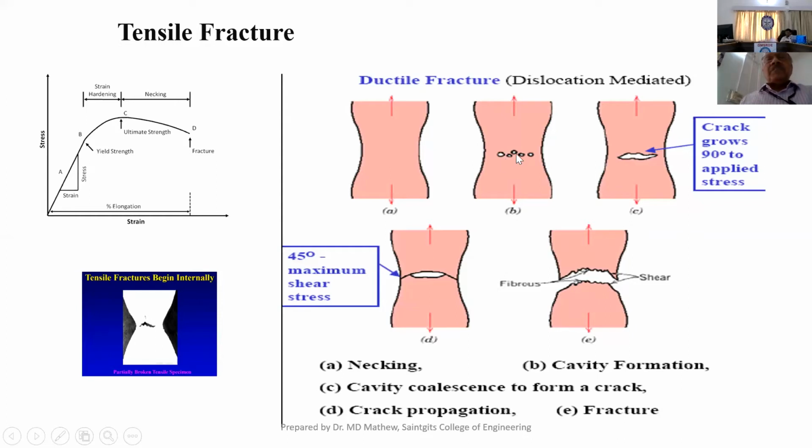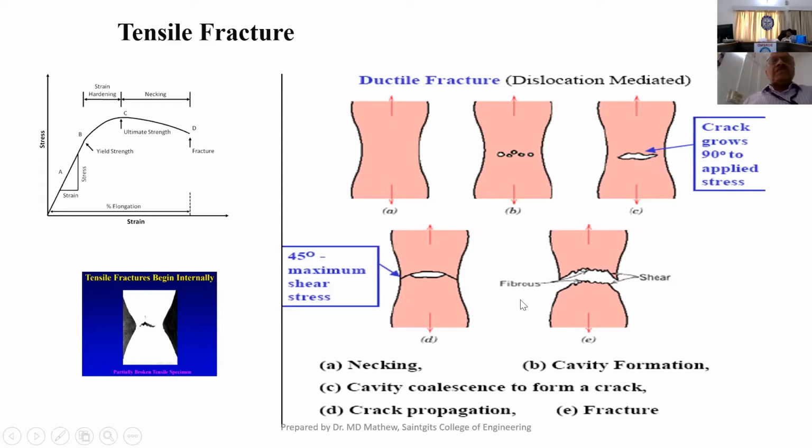So these small cavities which form will grow, and then they start joining or linking, and then they form a crack, okay? And this crack grows under the action of the applied stress. And a stage will come that the remaining ligament of the material is carrying too much load, is no more able to sustain it and is beyond the fracture stress, and the material separates into two parts.